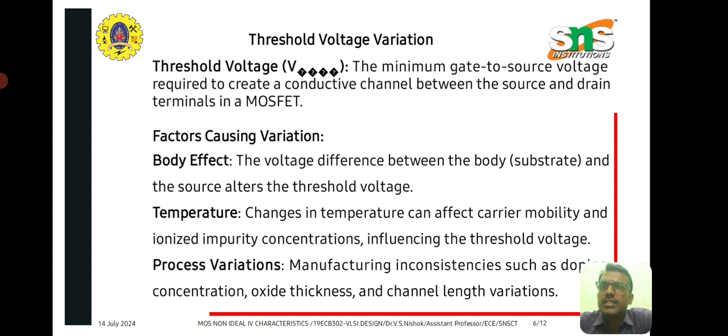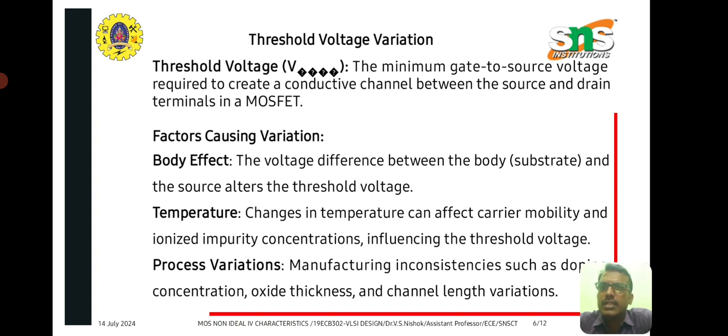We are starting with threshold voltage variation. Threshold voltage is represented as VTH, the minimum gate to source voltage required to create a conductive channel between the source and drain terminals in a MOSFET. Factors causing variation: body effect, temperature and process variations.